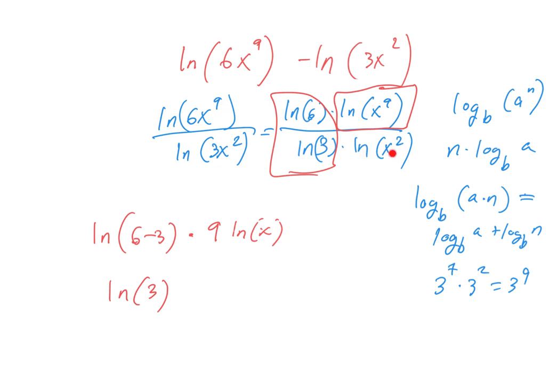And then this becomes 2 natural log of x. And then I can reduce. Natural log of x divided by natural log of x is 1. 9 divided by 2. But now I'm at a point where if I actually had a calculator, I could do that and get some plain old numeric answer.